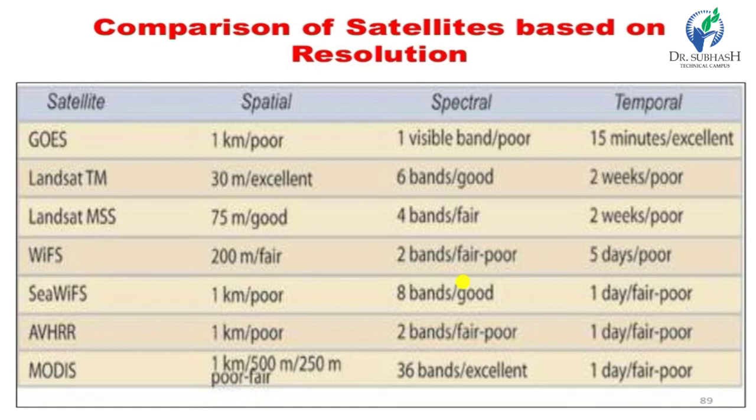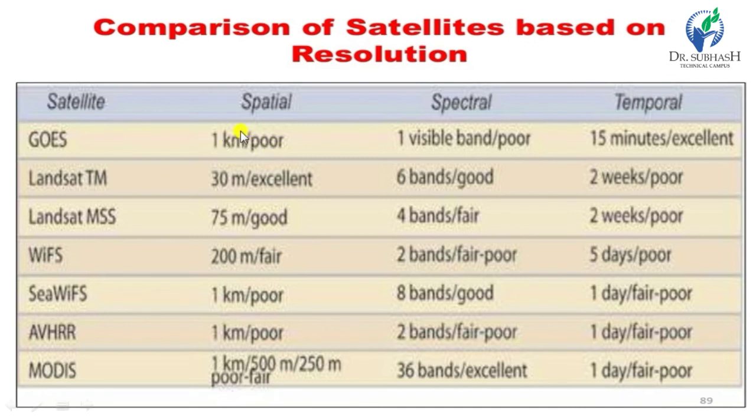Now, comparison of satellites based on resolution. There are different satellites: UOES, Landsat TM, Landsat MSS, WiFS, AWiFS, AVHRR, and MODIS. They have different spectral and temporal resolutions. The spatial resolution is 1 kilometer, so that is very poor.